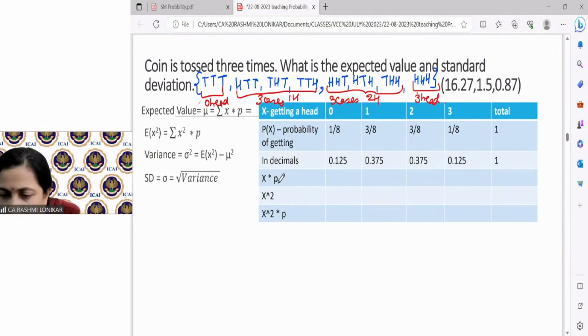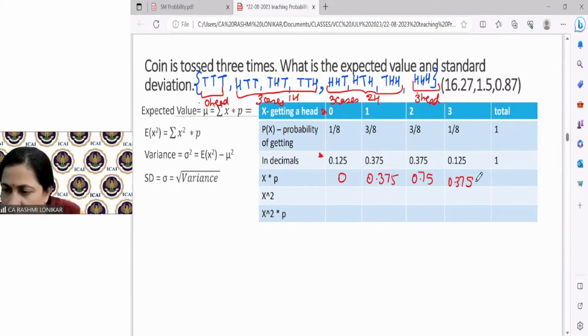Now I will multiply x into p. So which am I going to multiply? This into this. 0 into this is 0. 1 into 0.375 is 0.375. Then 2 into 0.375 will be 0.75. 3 into 0.125 will be 0.375.